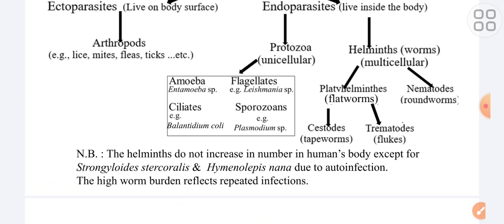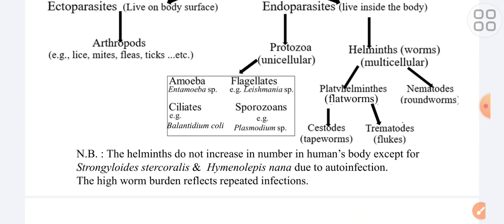I would like to mention here that regarding the helminths, the number of the helminths infecting a human after infection will not increase. So the number of infective stages may be forming worms.